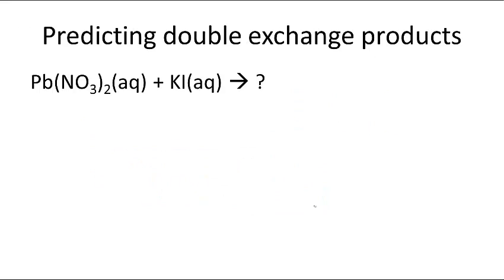Okay, so predicting double exchange products. I believe there's what's called a solubility table on the back of your periodic table. So I have lead nitrate here and potassium iodide, and I have solutions. Double exchange is going to be solutions. What you're going to get is two solutions, and on the product side you're going to have one solution and one solid.